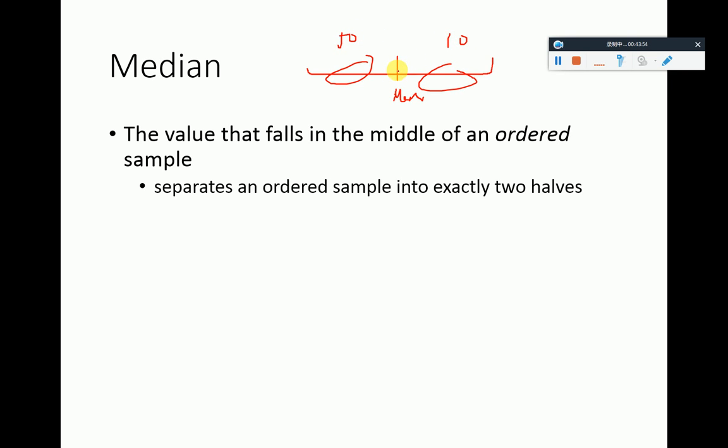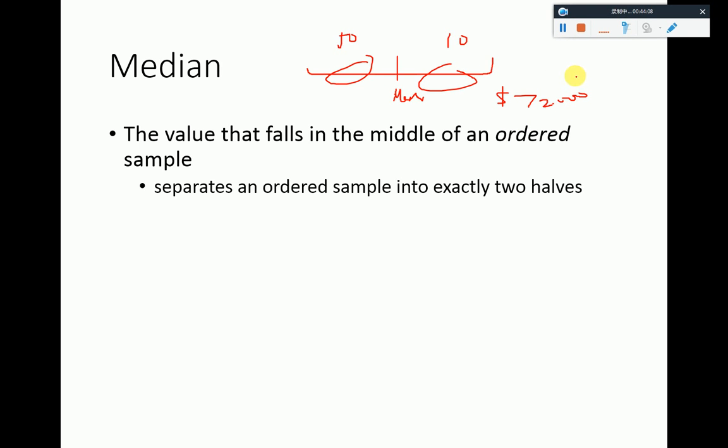So whenever you hear the median income is 72,000 US dollars, then you should immediately know that in this sample, exactly half of the sample of people earn more than $72,000 per year, and exactly 50% of the sample earn less than $72,000 per year.